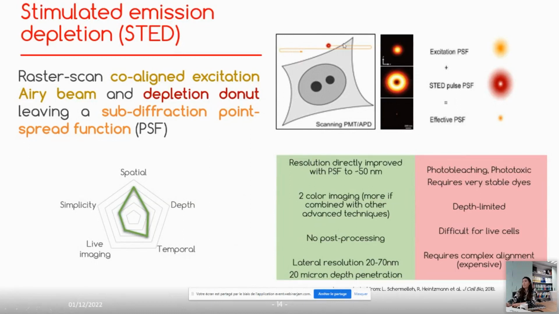And as we do this scanning, it's going to require stable dyes, and we also need to consider the time, because these 2 beams are going to need to scan on a very, very fine grid. So they might take a bit longer to acquire the image. It's a bit more of a depth-limited technique, and it can be difficult for live cells. So we'll get better resolution, of course, if we look into a fixed cell, because it won't be moving.